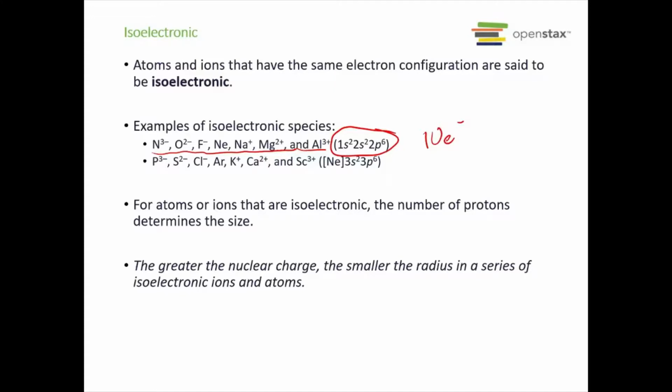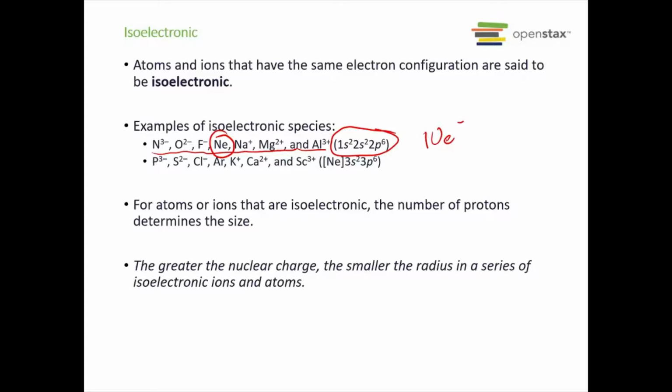So this also shows you nitrogen, oxygen, fluorine, the sodium, magnesium, and aluminum ions, what they have to do to have a noble gas configuration. All of these have the same configuration of a neon atom, neon being a noble gas. So nitrogen, oxygen, and fluorine gained electrons, which means they got bigger, whereas sodium, magnesium, and aluminum lost electrons to have the same electron configuration, meaning they got smaller.